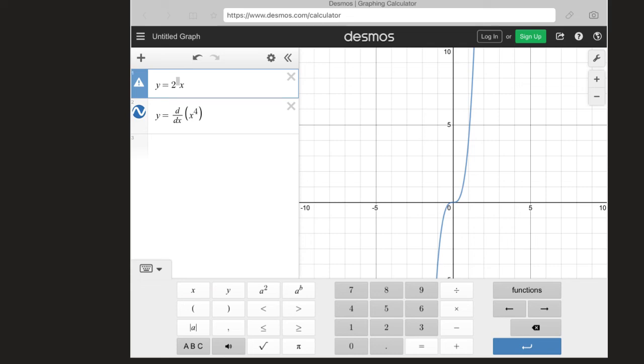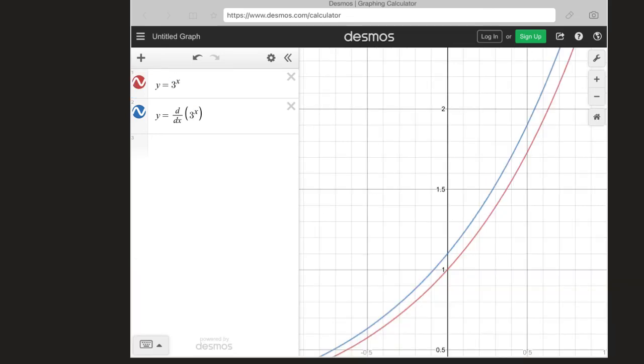So when I had my 2 to the exponent x function, I ended up with my original curve and its slope underneath. But now when you take a look at 3 to the exponent x on Desmos, you notice the blue and the red curves switch spots.